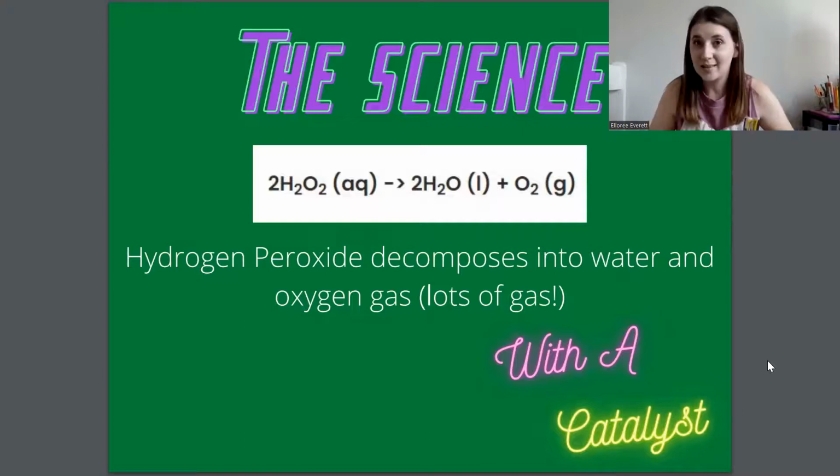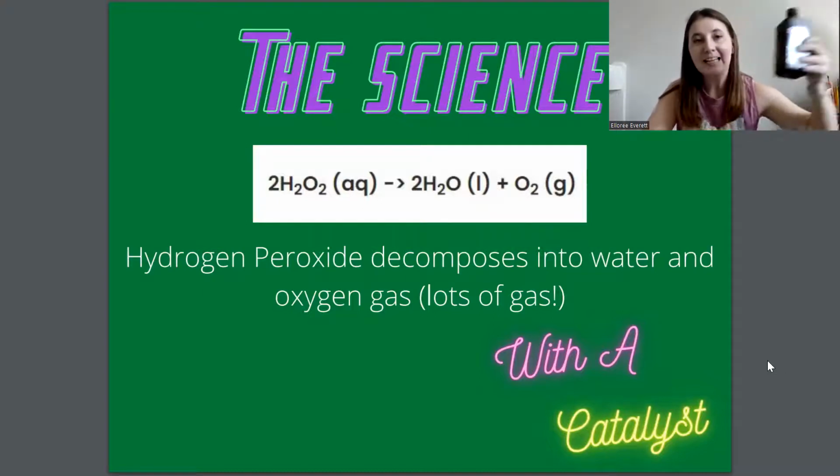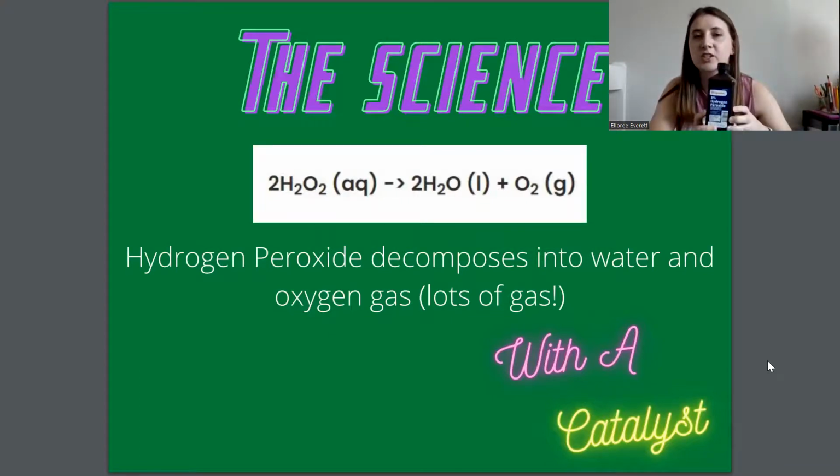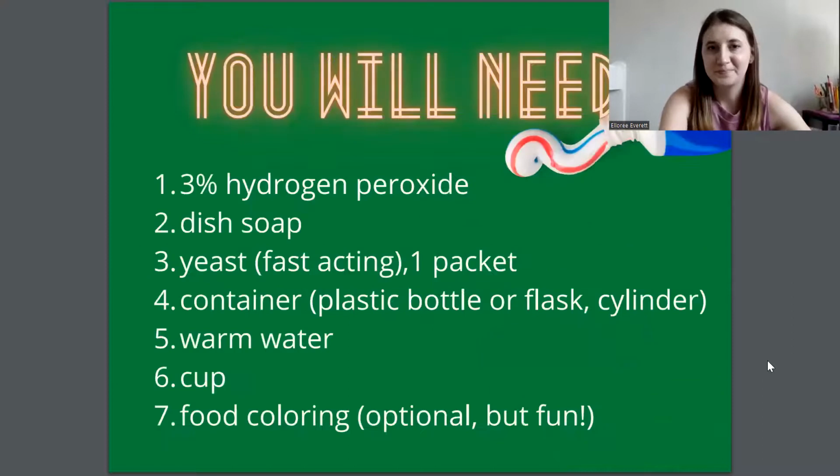So we have to wake it up because it's a living organism. Whenever it's activated, when we add it to hydrogen peroxide, it performs the decomposition reaction faster by producing an enzyme that helps break down hydrogen peroxide. So let's get started.